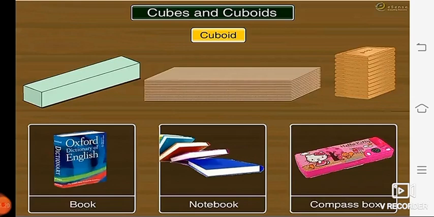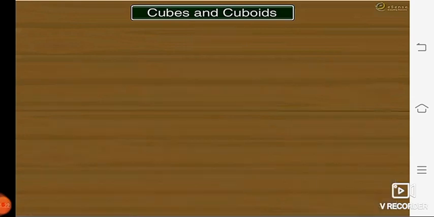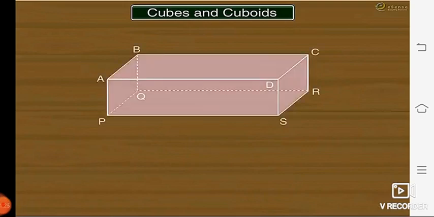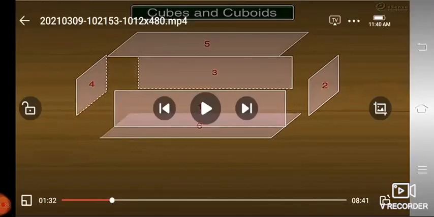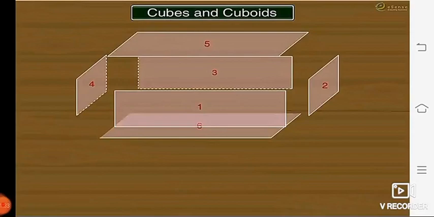Now you will be able to see a diagram on the screen. Are you able to see? This is a cuboid. A cuboid has a total of 6 faces. These are the 6 faces of the cuboid.